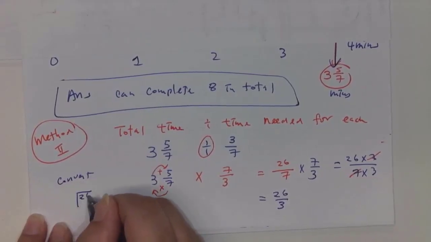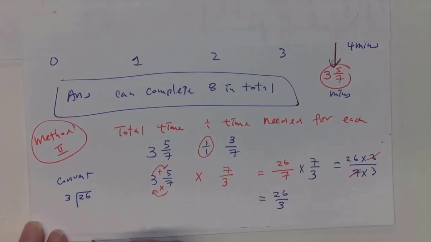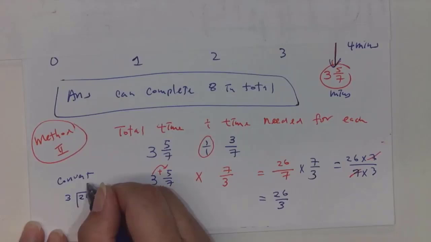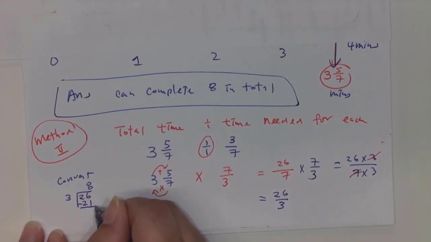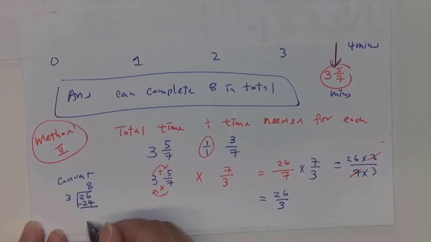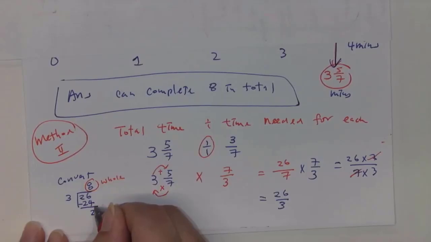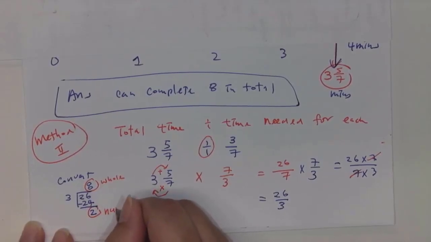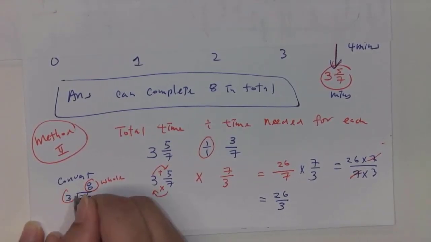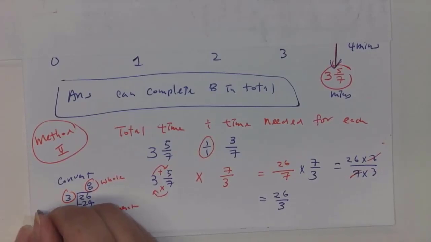26 divided by 3 is going to give me what? 3 times 8 is 24. Subtract 24, we get what? 2. So 8 is your whole number, 2 is your numerator, 3 is your denominator.